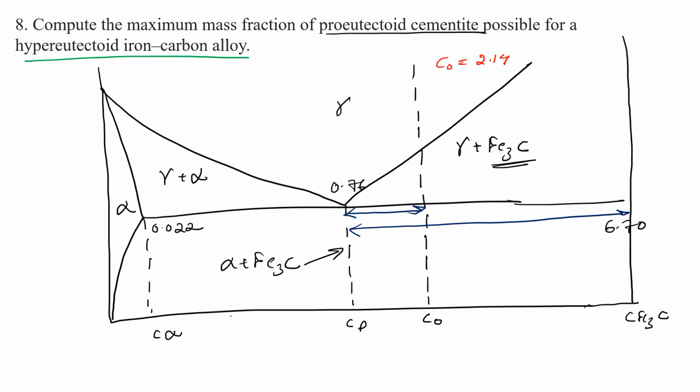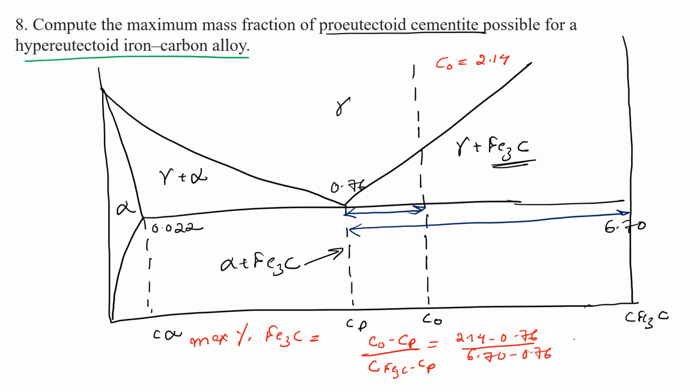Therefore the maximum percentage of cementite can be given by C0 minus Cp divided by CFe3C minus Cp, which is 2.14 minus 0.76 divided by 6.7 minus 0.76, and that should give me about 0.232, or 23.28%, right? This is the answer.